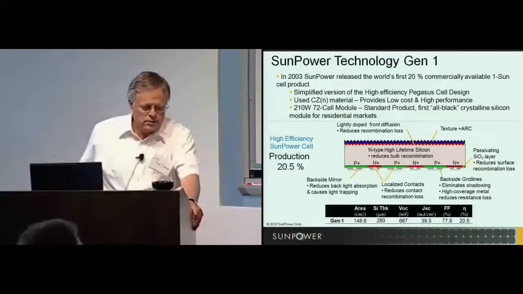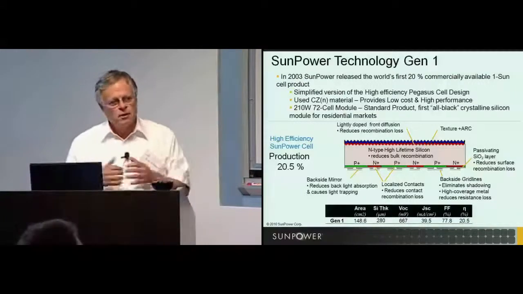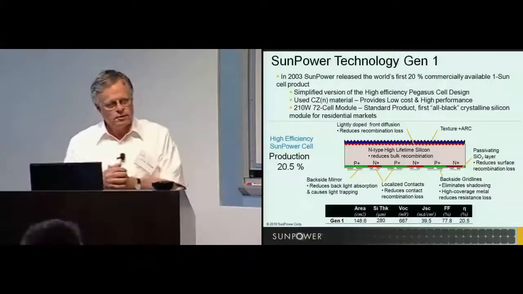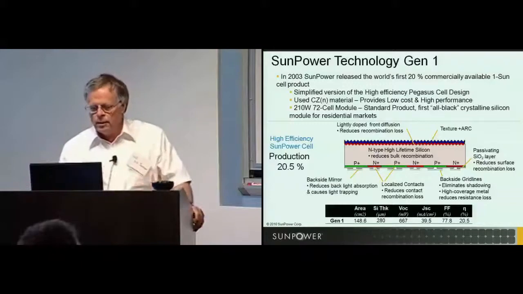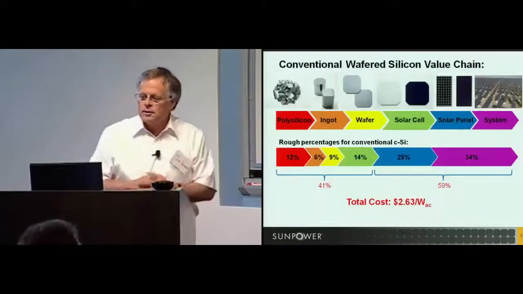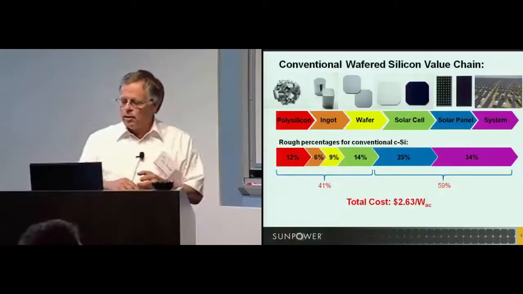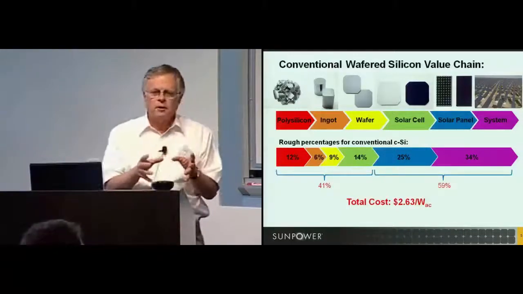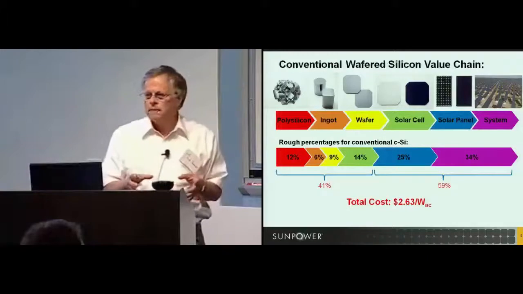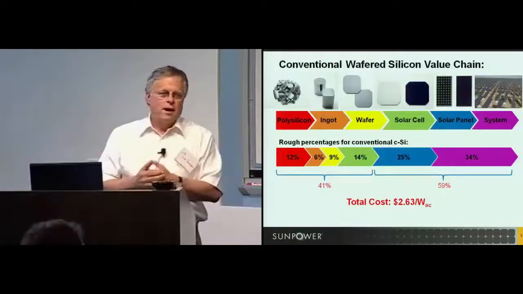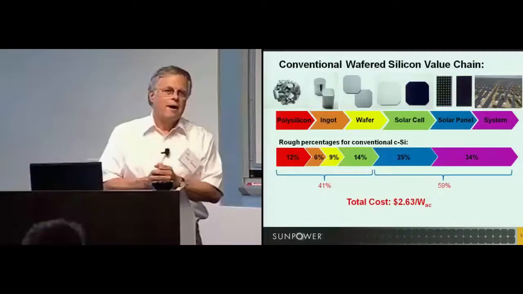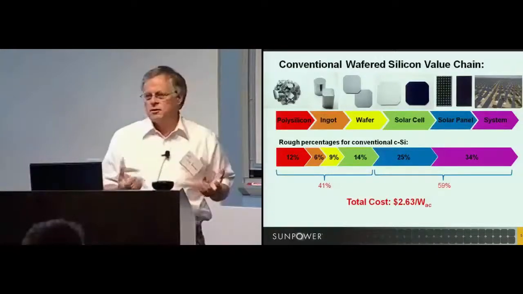SunPower decided to attack that value chain cost by increasing the efficiency, not decreasing the efficiency. And if you go up here, you can see that we're concentrating on the solar cell. That's that light green part. It's really only 14% of the overall system cost. So do the math. Suppose we have a cell that is twice as hard to make.